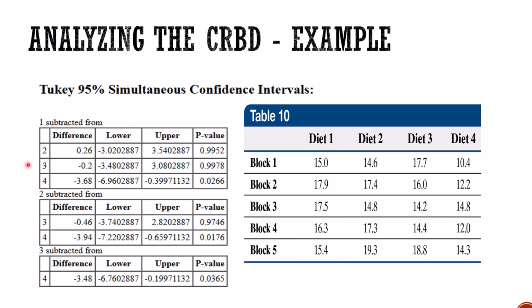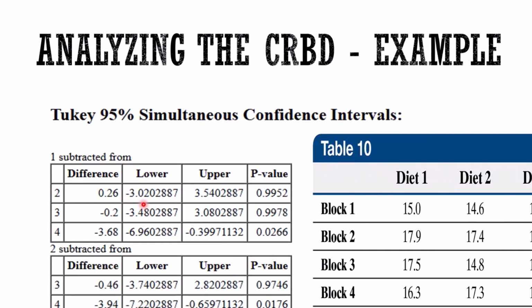So this confidence interval, the first row inside the table is diet 2, then diet 3, diet 4. All right. So look at the endpoints of the interval: it has a lower end of -3 and an upper end of 3.5, correct? Now this interval has a lower end which is a negative value and an upper end which is a positive value.